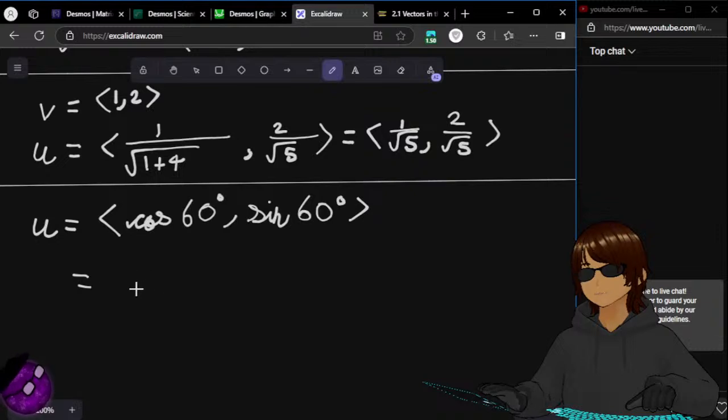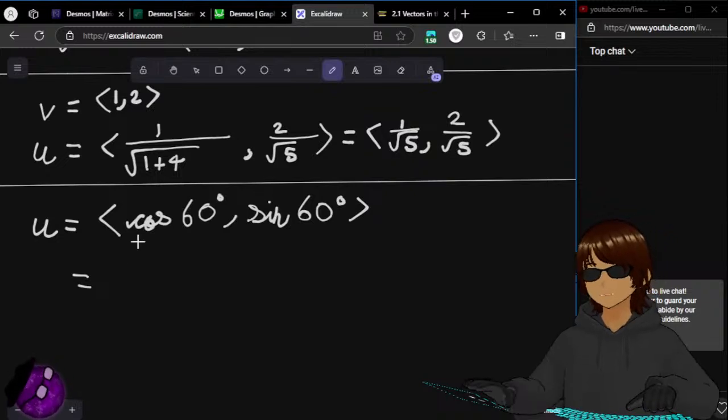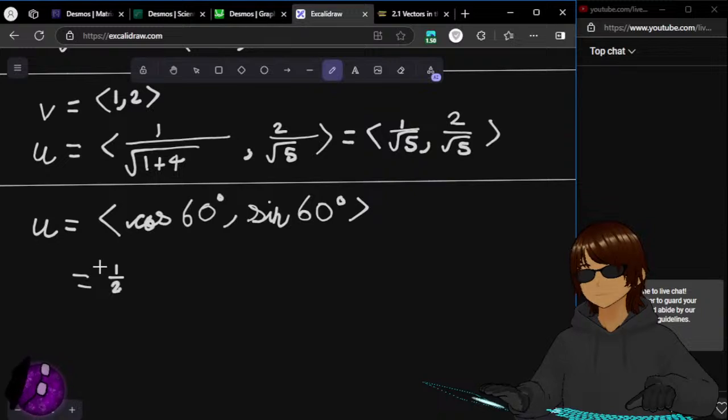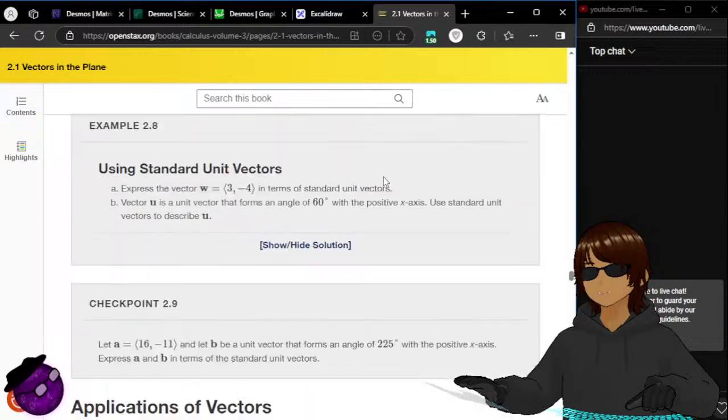And then we can just write this as, cos 60 is a half using a calculator. So half i, and sine 60 is root 3 over 2 j. That's the unit vector.